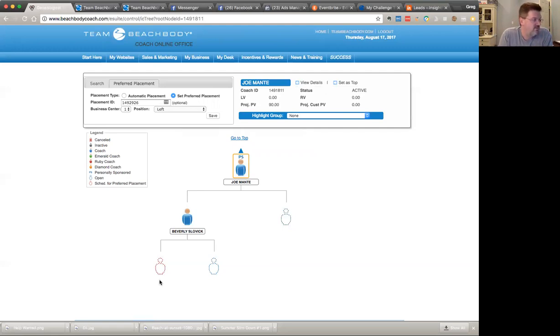But for you to go Emerald, I would say put your spouse on your strong side and then put the other coach on your weak side. The reason that I recommend the spouse on the strong side is because you control that. You can't control the coach on the other side, on your weak side.